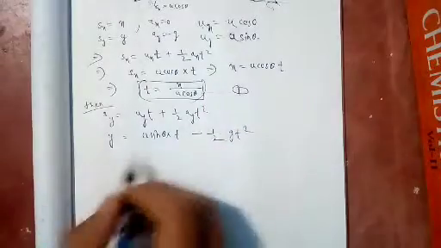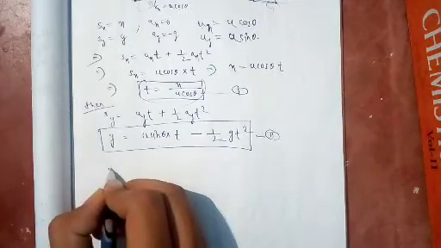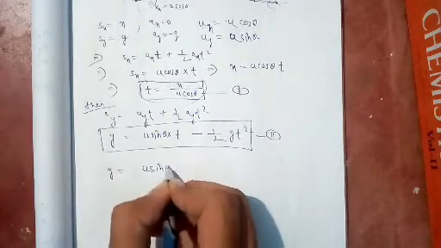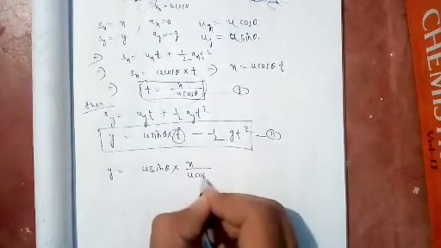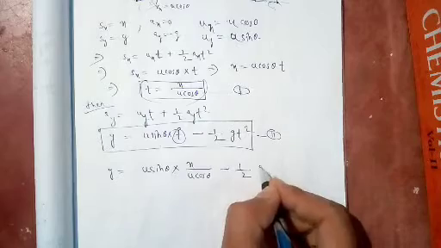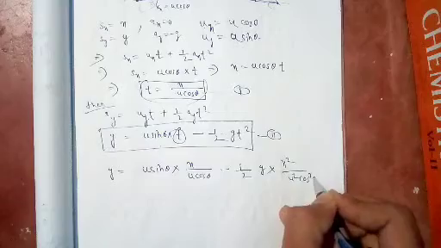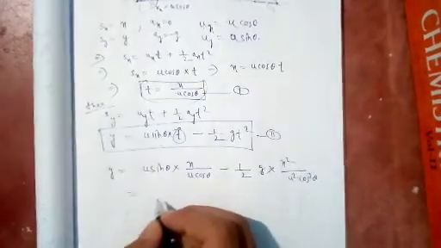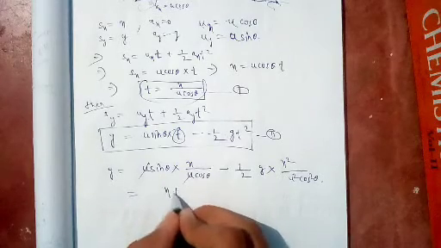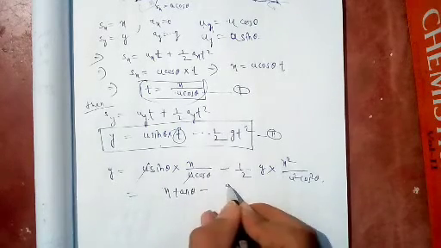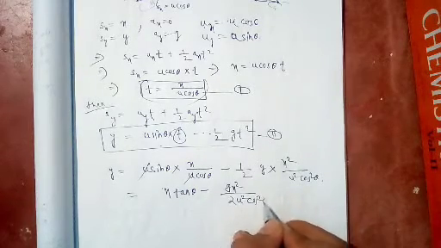Putting the value of t in the second equation, we write y is equal to u sin theta into, in the place of t, x by u cos theta, minus half g, in the place of t square, x square by u square cos square theta. The u cancels: y is equal to x tan theta minus g x square by 2u square cos square theta.